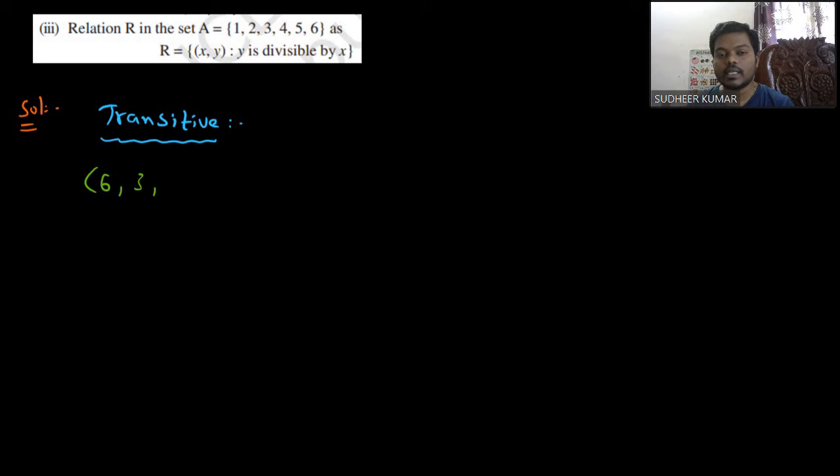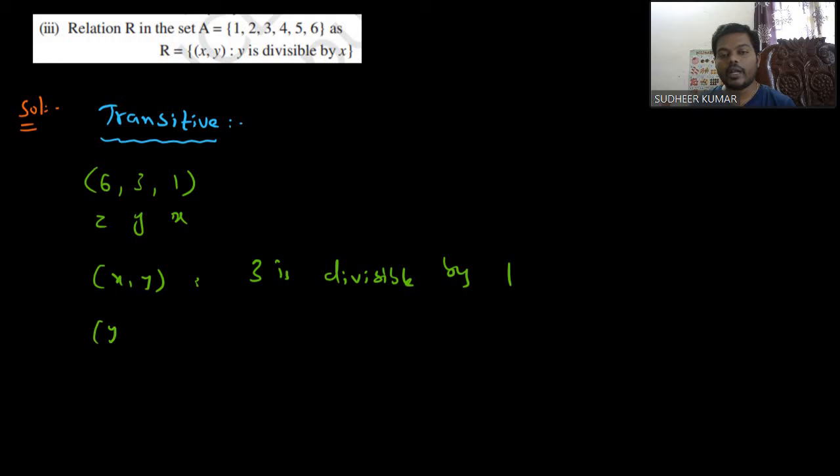So let us take 6, 3, 1 as A, B, C. Here it is mentioned xy, so take it in the order x comma y: 3 is divisible by 1, and y comma z: 6 is divisible by 3.